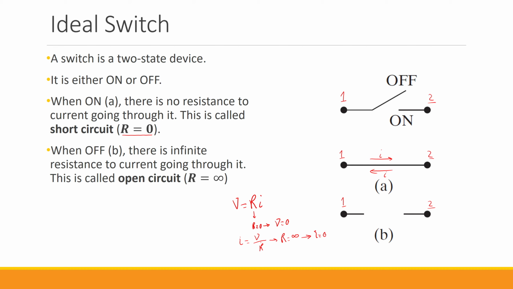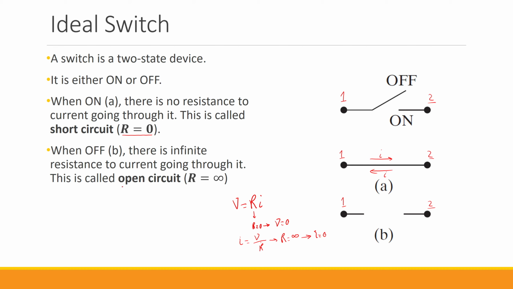So when the resistance is 0, the voltage across the two terminals becomes 0. So there is no resistance. We say that the switch is in short circuit. On the other hand, when the resistance is infinite, the current that goes through the terminals becomes 0.